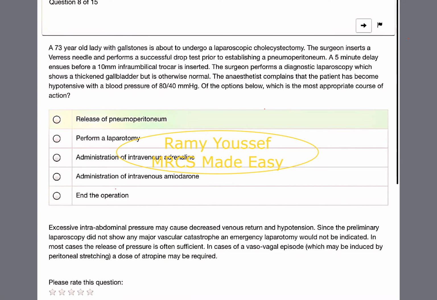Can anyone tell me the range of pneumoperitoneum pressure for patients in laparoscopic surgery? Seven to 15.